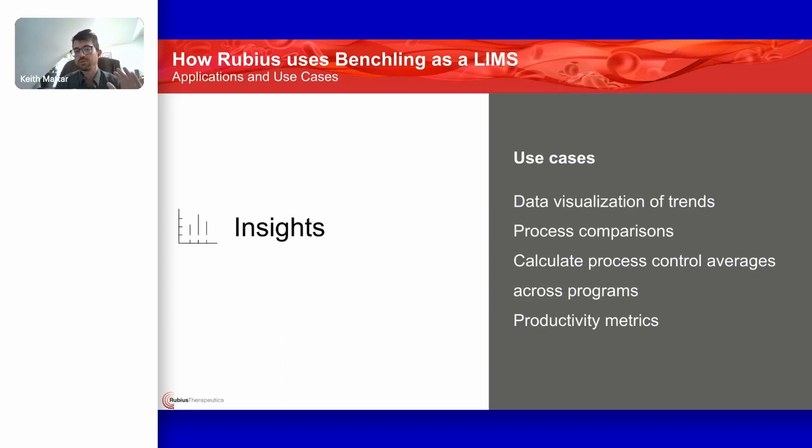So you can maybe get an average of an entire process within a program. We also use it to graph usage and productivity metrics, such as how many notebook entries each group creates per month, how many samples each group is testing, how quickly notebook entries are being signed off and reviewed, and average turnaround time for requests.